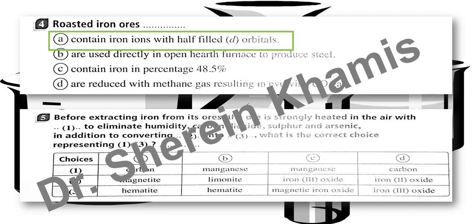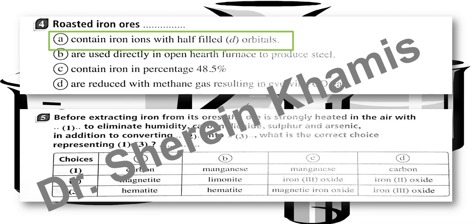Into it will produce hematite, magnetic iron oxide, or iron 3 oxide. What is the correct choice? Representing 1, 2, 3, we have here three choices. We will make a choice between A, B, C, and D. One of them will be the right answer.